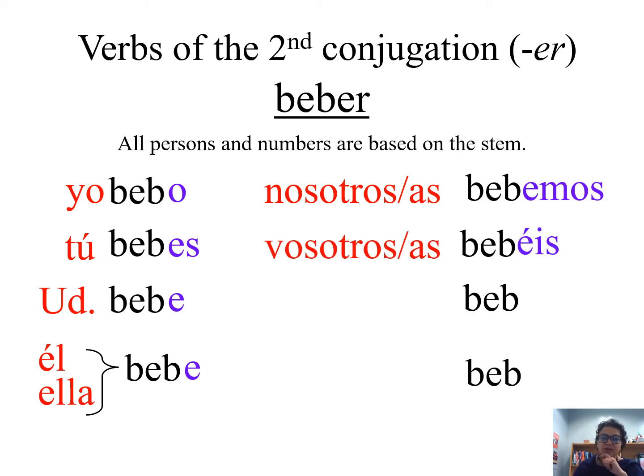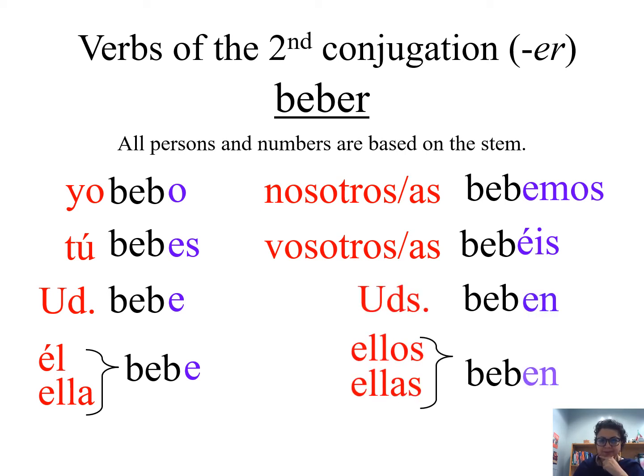We don't use this form very much. In Latin America, it's used mostly in Spain. And then ustedes means you, everyone in Latin America. So you need to spell it out. Ustedes is U-S-T-E-D-E-S. Ustedes beben. Ellos and ellas. Remember, ellos is they boys and ellas they girls. Beben.